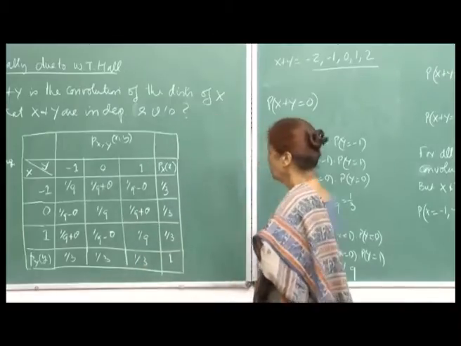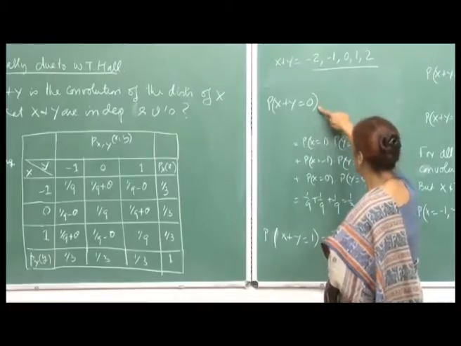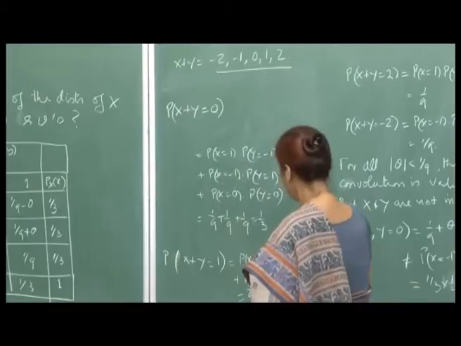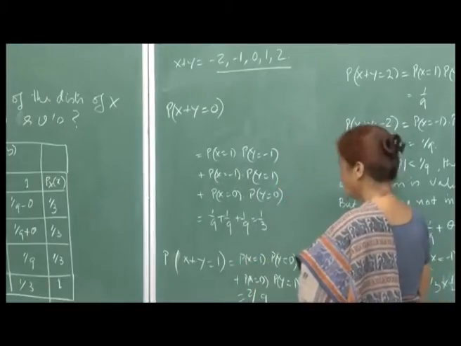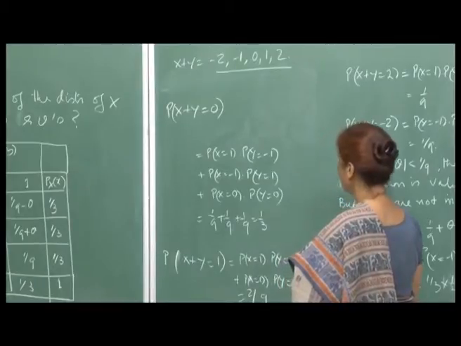You start with probability x plus y equal to 0, and we will have to verify for all possible values that the distribution of x plus y can be obtained as a convolution of distributions of x and y.